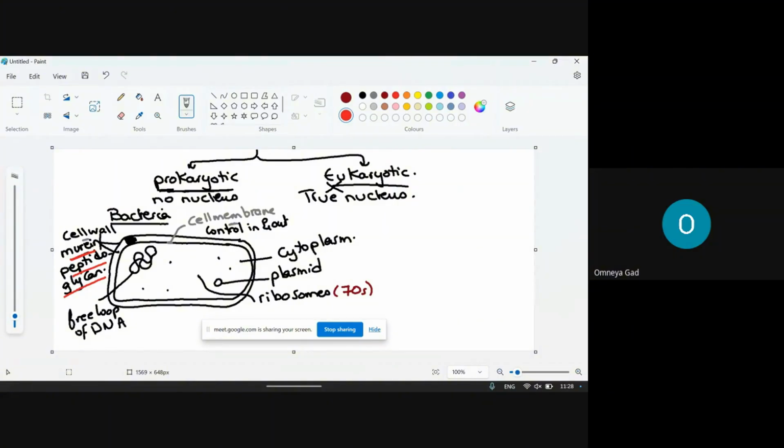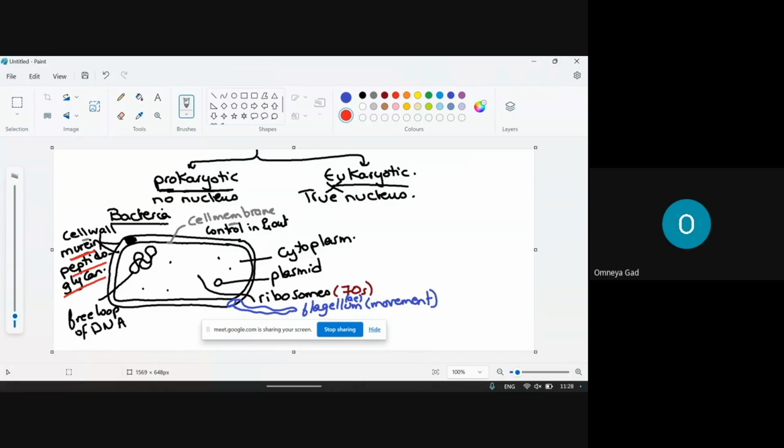But sometimes the bacteria cells will have something which looks like a tail, which is called flagella. Flagellum, singular; flagella, plural. This flagella helps it to move.